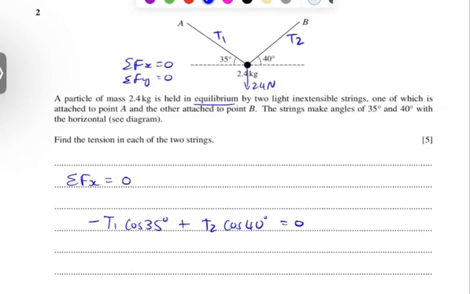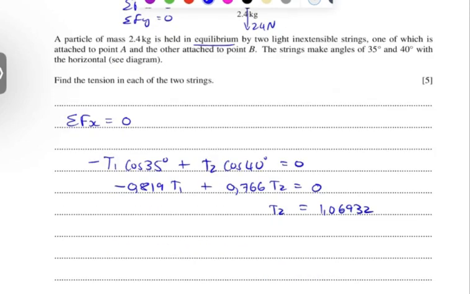If I just simplify these, cos of 35... okay, I think I'm going to just make T2 the subject of my formula. Doesn't really matter which one I decide to do. So I've got a value here, well, T2 in terms of T1.